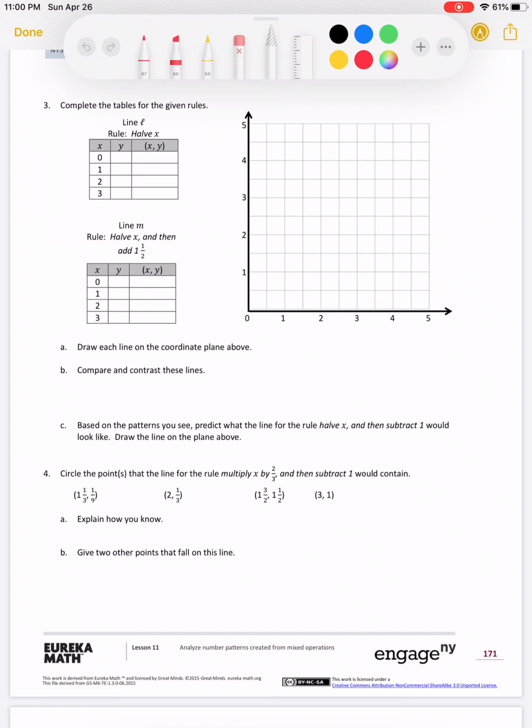They want you to follow the rule. Here, the rule is half x. Okay, that can mean two things, and I'm glad we said that. When you want to take something and split it in half, if you had $10 and you wanted to split that $10 in half, what would you do? Yeah, you can divide by 2, or you can multiply by 1/2.